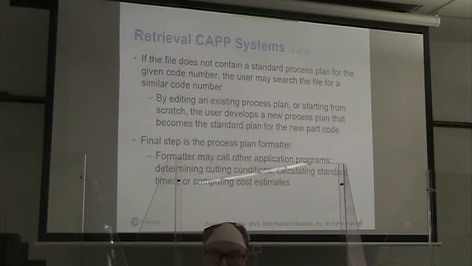All right, so if our file doesn't contain a standard process plan for a given code number, we may search the file for a similar code number.